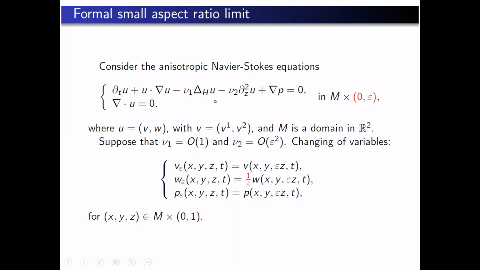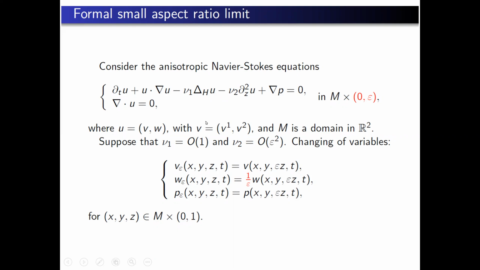I'm not going to add the temperature here for simplicity of the presentation. So you have here the horizontal viscosity and the vertical viscosity in a thin domain. M is the horizontal domain, and (0, epsilon) is the thin domain, which is basically like the ocean, if you like to think about it. Epsilon is the width of the ocean in comparison to M, which is of order 1.